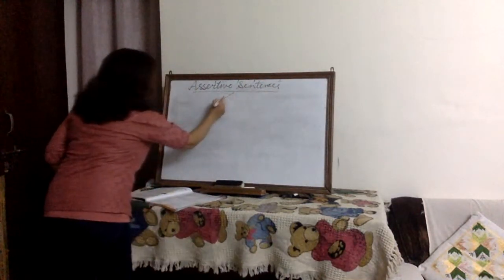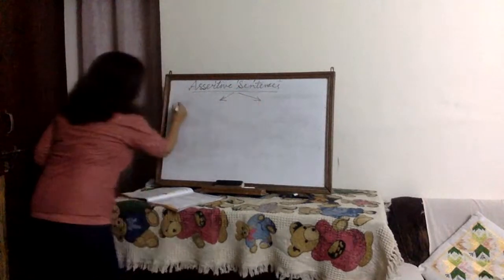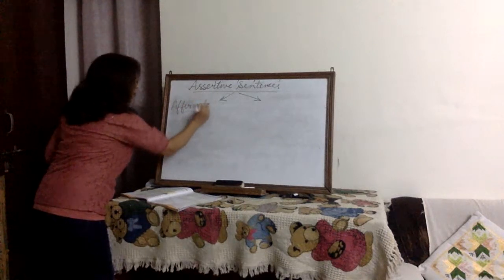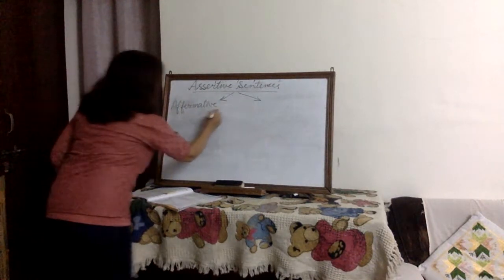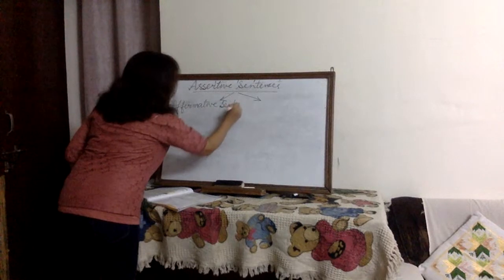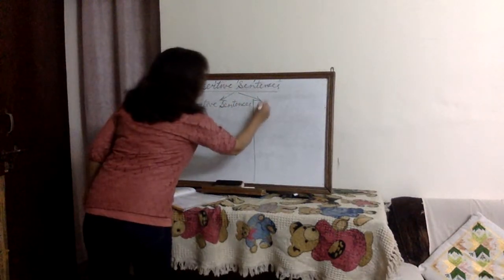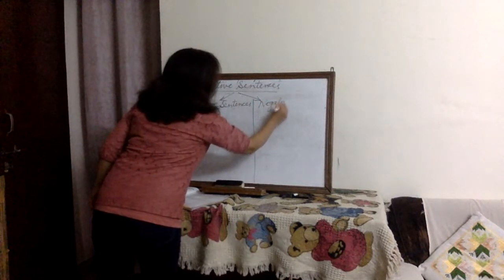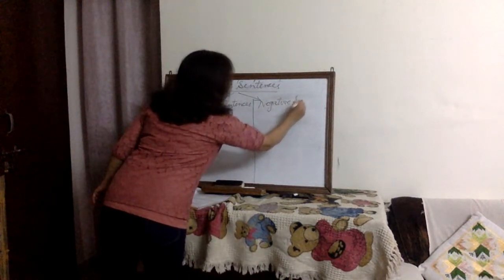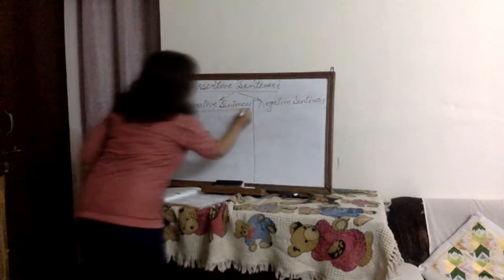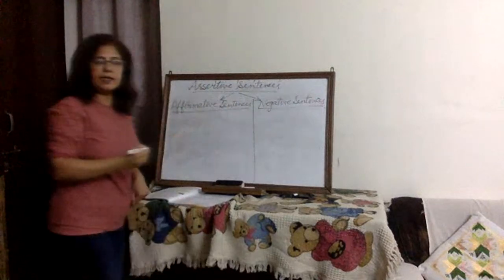They have 2 types. One is affirmative sentences and here it is negative sentences. Affirmative sentences and negative sentences.